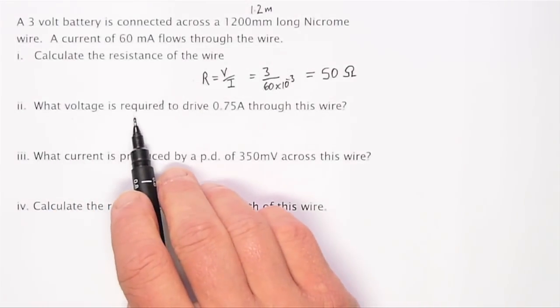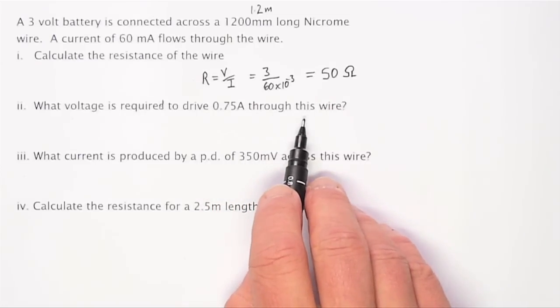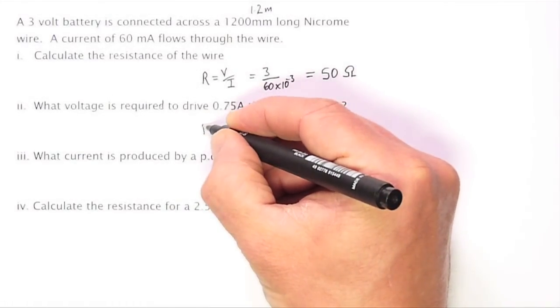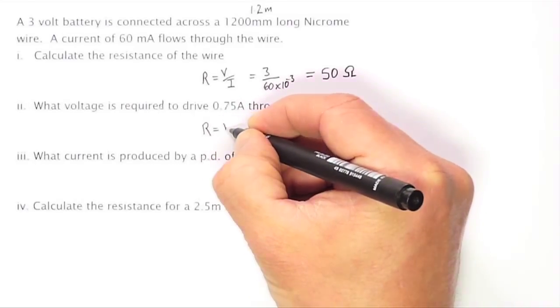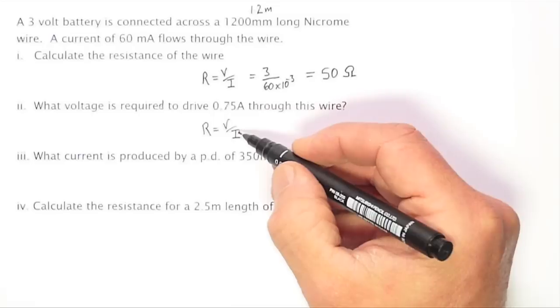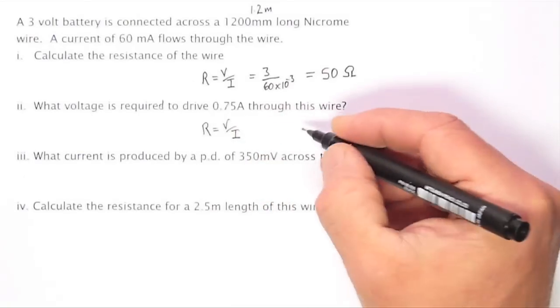What voltage is required to drive 0.75 amps through this wire? We'll start off using the same formula, that's R equals V over I, but this time we want to make the voltage V the subject of the formula.